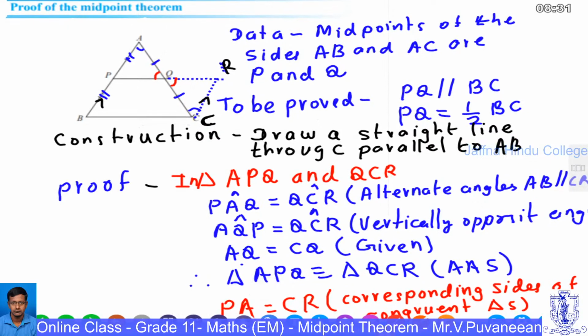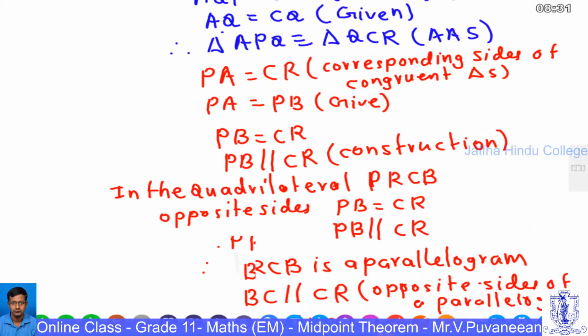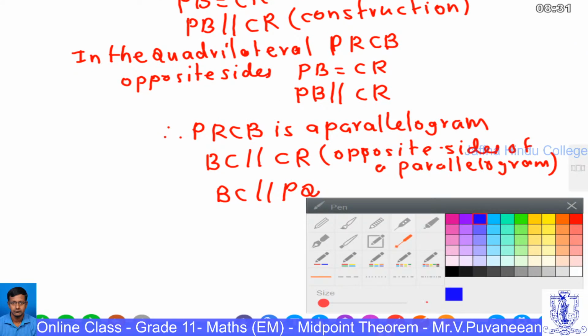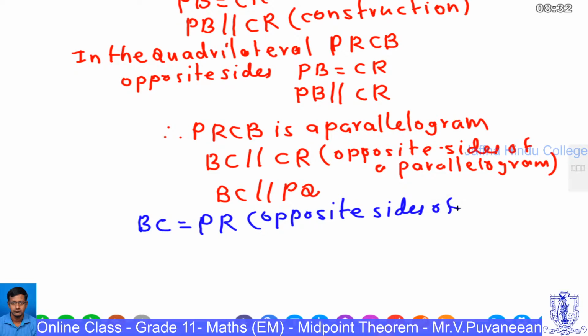Okay, let's prove. First, I am going to say BC equal PR, opposite sides of a parallelogram.